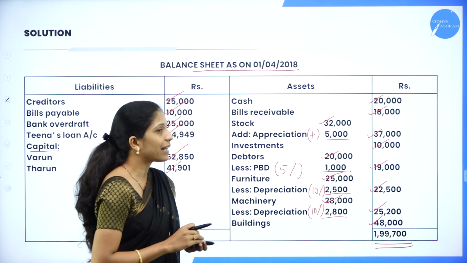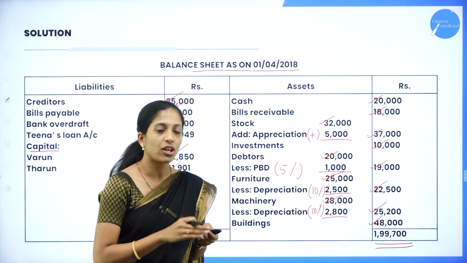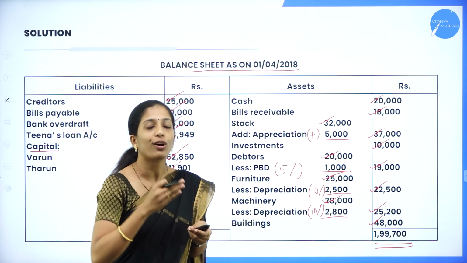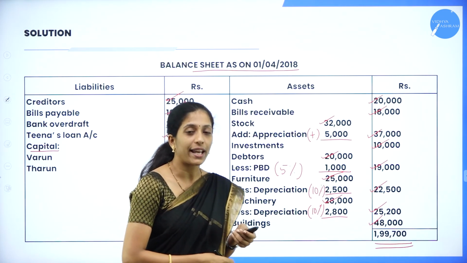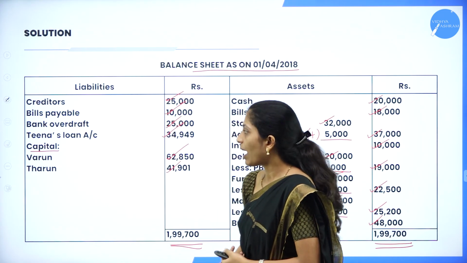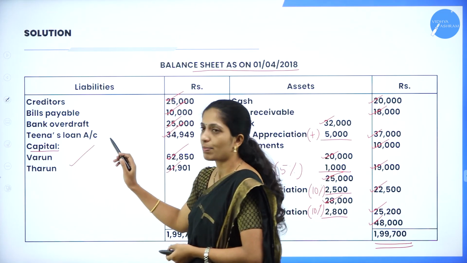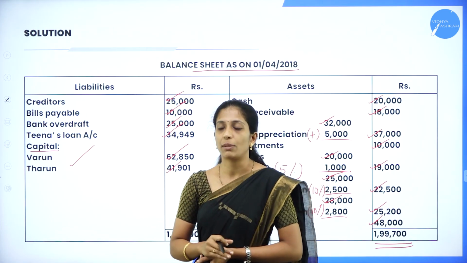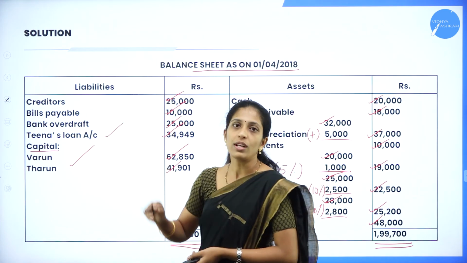And next, we will prepare the balance sheet same as admission. If there is any adjustment, that is increase or decrease, you will add or less. And on the liability side, you have to take only the remaining partners' balancing figure as capital, and the retiring partner's balancing figure will be taken as loan account.